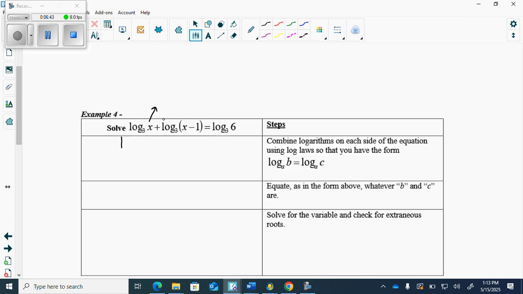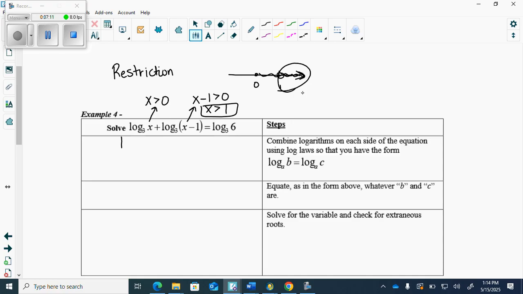What's the restriction of this one? x minus 1 has to be greater than 0, so x has to be greater than 1. And this one is x has to be greater than 0. Which one covers both? This one. If I drew a number line, 0 would be here, 1 would be here, so the overlap is here.